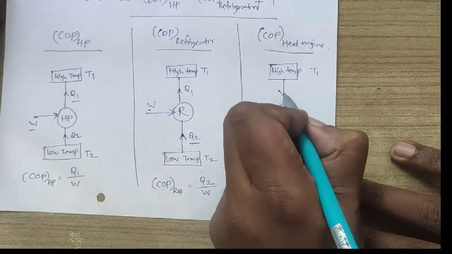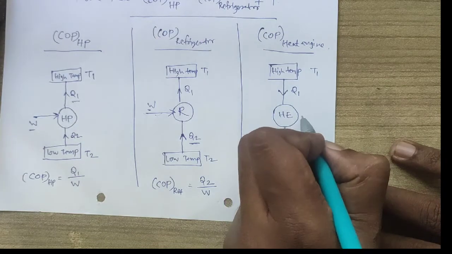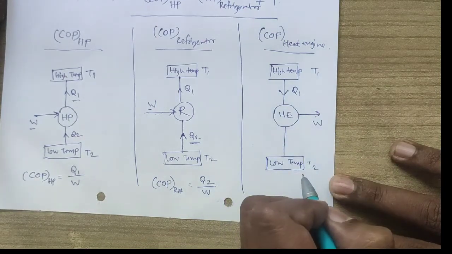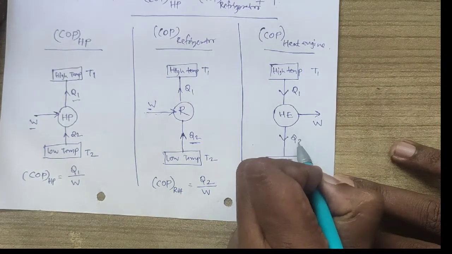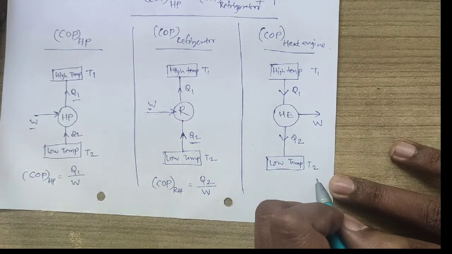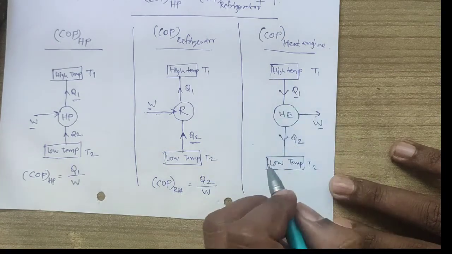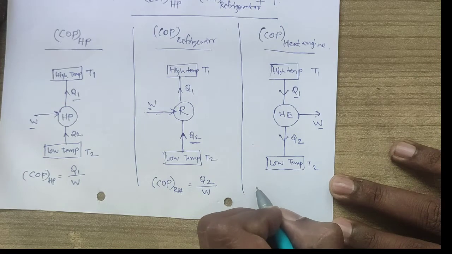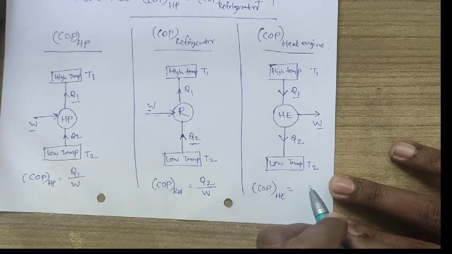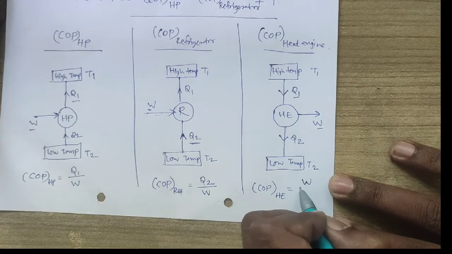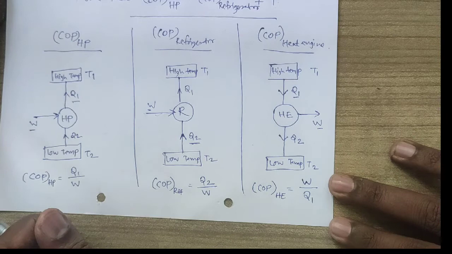When we supply high temperature energy Q1 to the heat engine, we get work, but during this process some heat gets rejected to the low temperature reservoir. Therefore W is the output and Q1 is the input. So COP of HE, heat engine, is equal to W upon Q1. So these are the relations for COP.